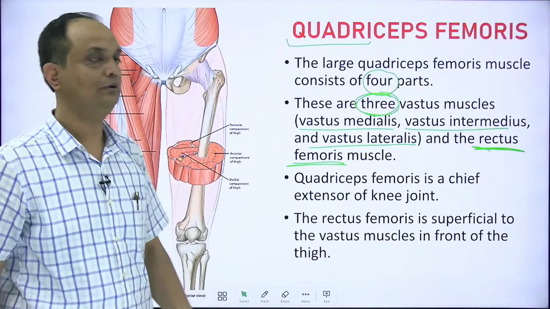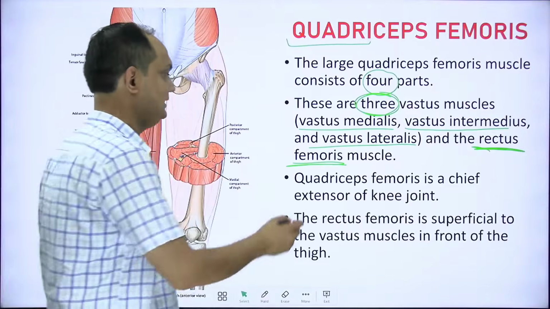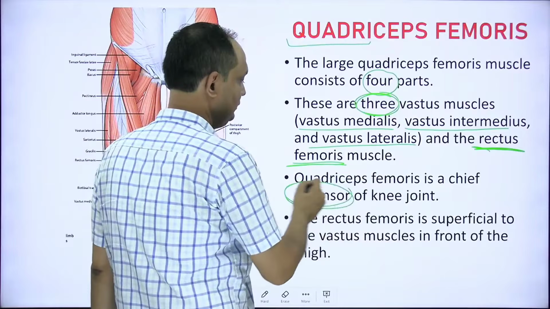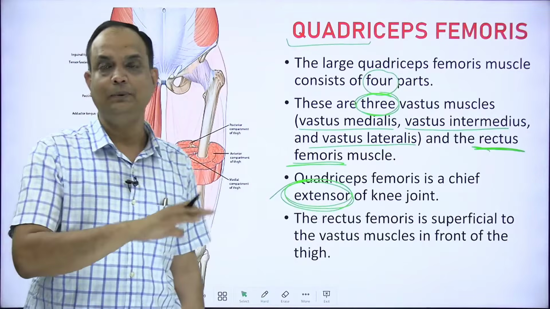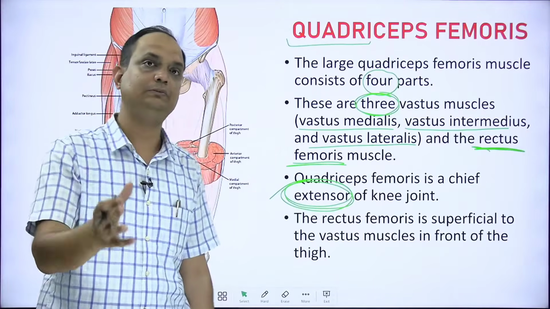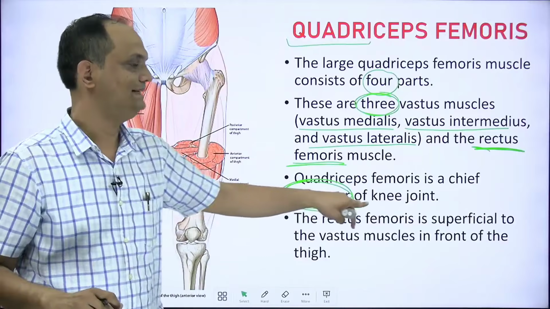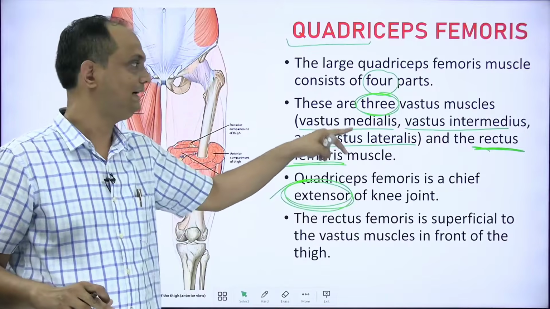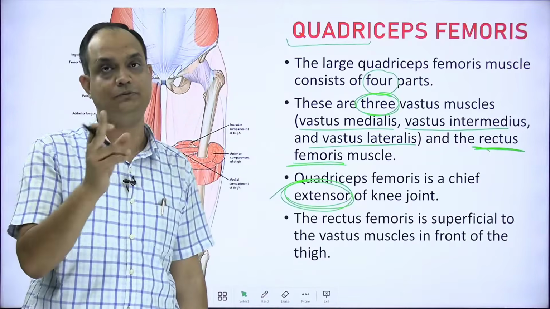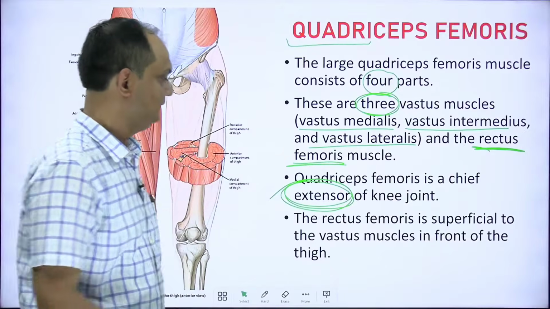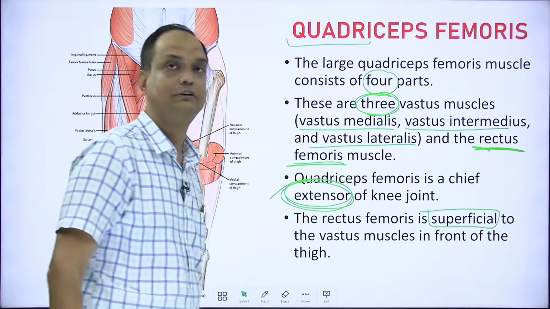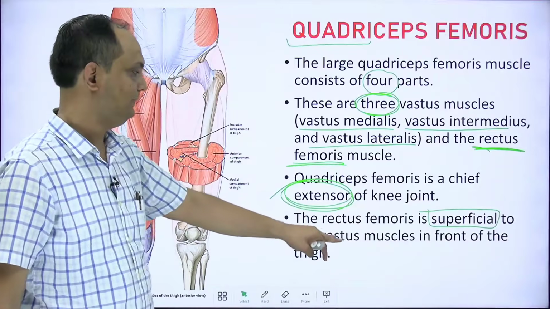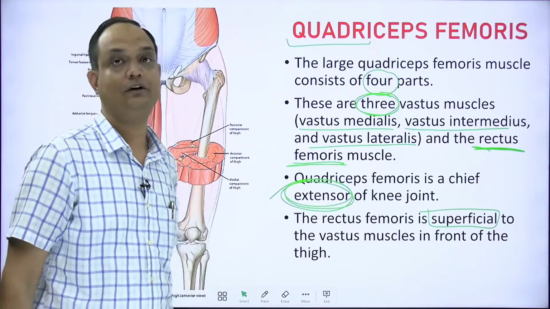The quadriceps femoris is the chief extensor of the knee joint. The vasti group crosses only one joint and is mainly responsible for extension of the knee joint, while the rectus femoris also crosses the hip joint. The rectus femoris is the most superficially placed component of the quadriceps, and it lies superficial to the vastus muscles in front of the thigh.